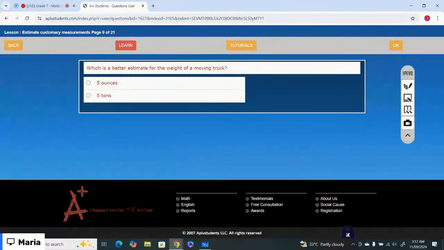Which is the better estimate for the weight of a moving truck? Which is the correct option? Option is 5 tons, right?